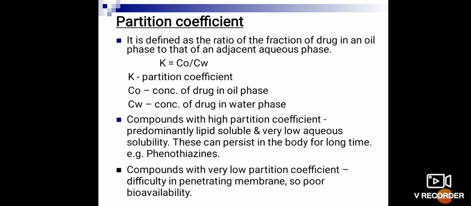The next one is partition coefficient. It is defined as the ratio of the fraction of drug in the oil phase to that in the adjacent aqueous phase. As you know, the partition coefficient is the ratio of concentration in oil to concentration in water. Here CO is the concentration of drug in the oil phase and CW is the concentration of drug in the water phase. So the definition of partition coefficient K is CO divided by CW.